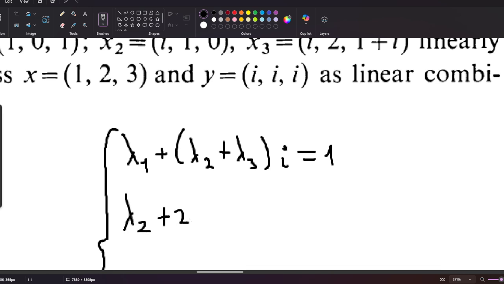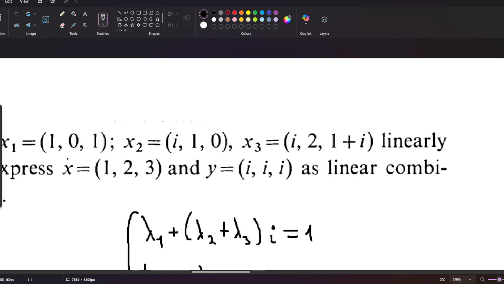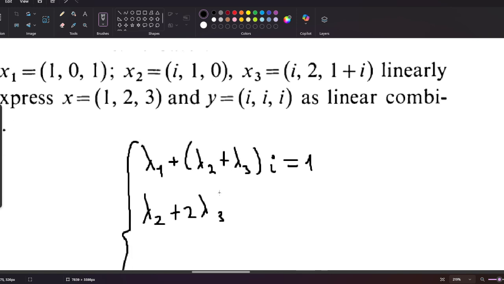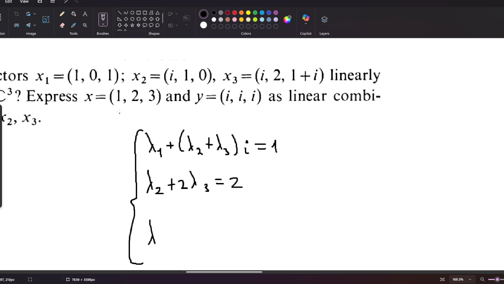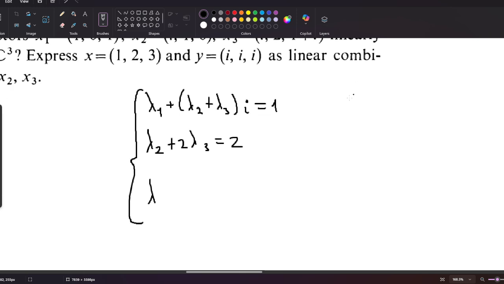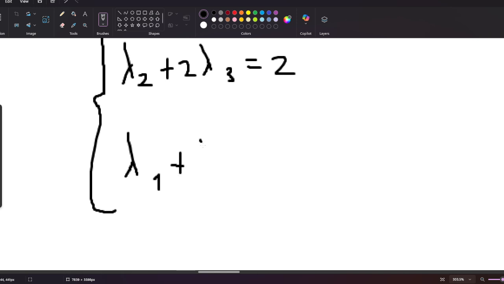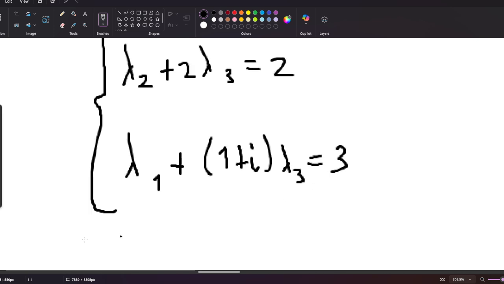Lambda 2 plus 2 lambda 3 equals 2. And lambda 1 plus 1 plus i lambda 3 is going to be equal to 3.